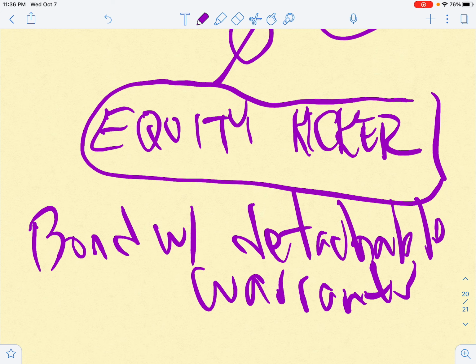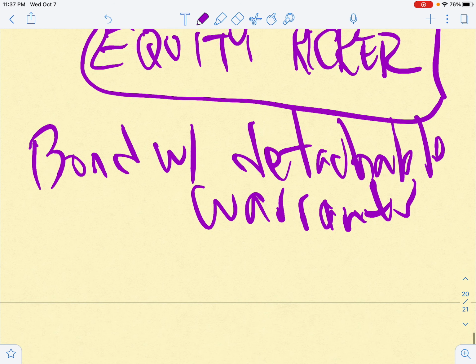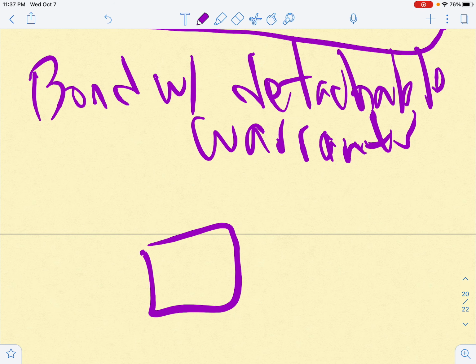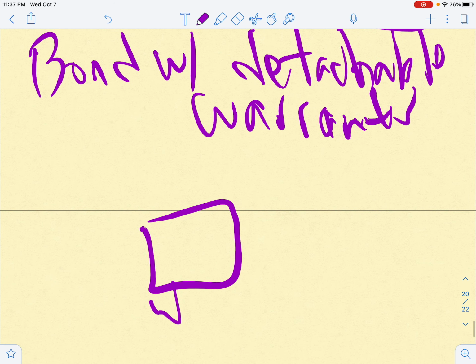A warrant is a long-lived option. Gives you the right to buy a certain number of shares of stock at a specific price, okay? So bonds with detachable warrants. So the idea, here's a visual. You have a bond, and then here's a warrant, and they are separate.